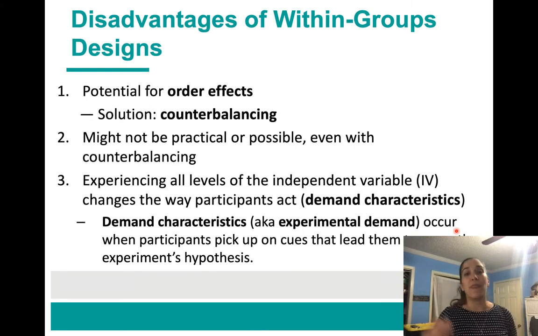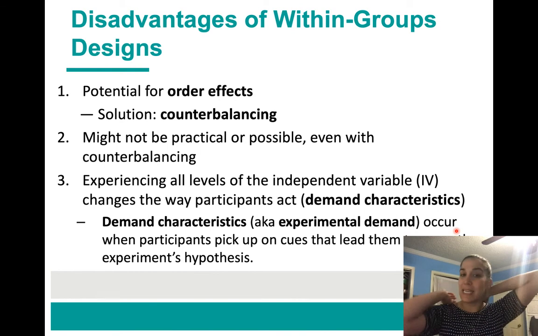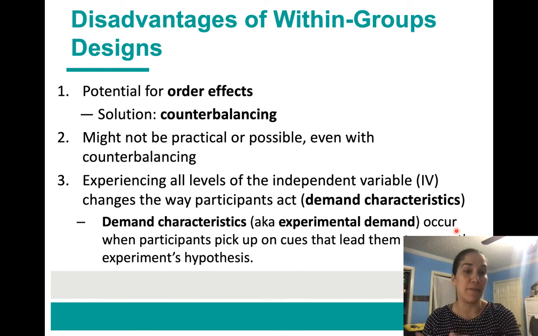So when you do a within subjects design, one potential problem is that experiencing every level of your independent variable might change the way participants act. These are called demand characteristics or experimental demand. And it essentially happens when participants pick up on cues that lead them to guess what the purpose of the study is.